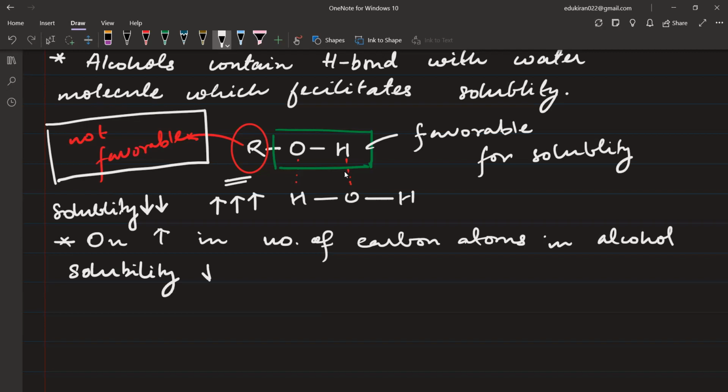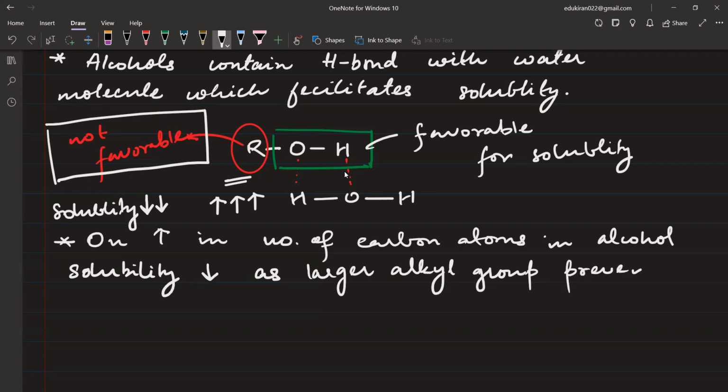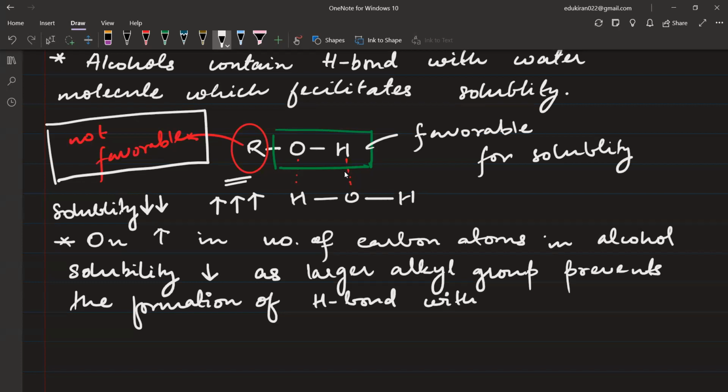Solubility decreases as the larger alkyl group prevents the formation of hydrogen bond with water molecule.